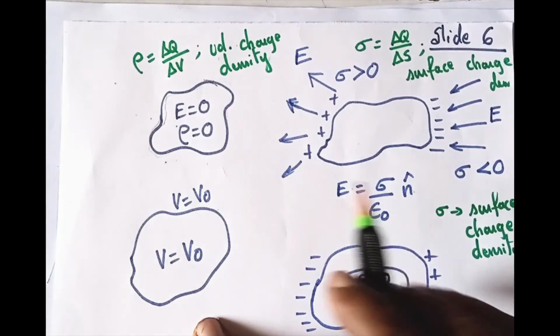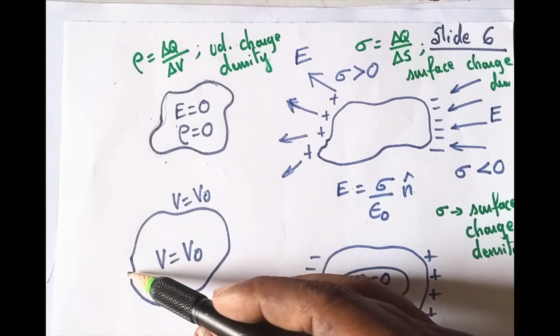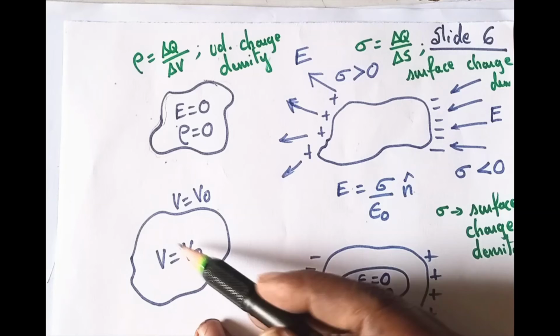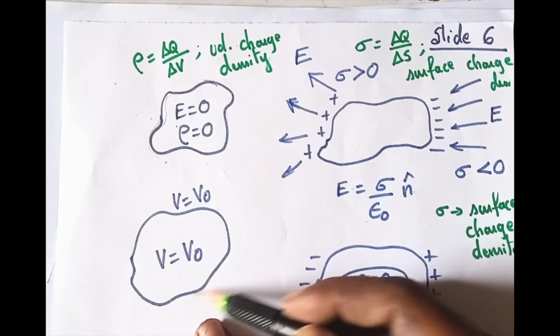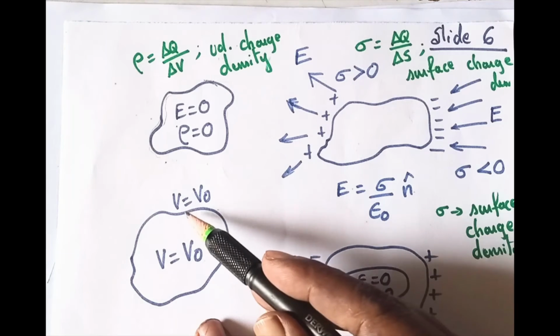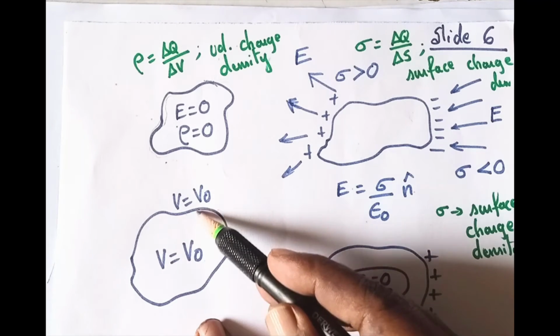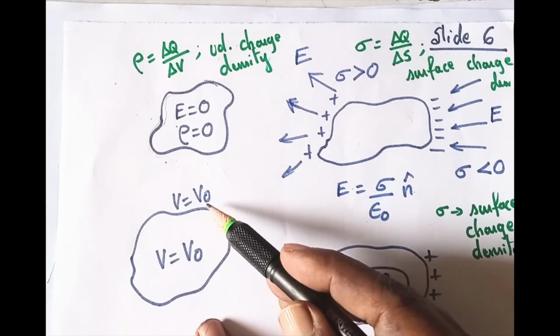Now the second point is, for the same irregular conductor, the electrostatic potential within the conductor is V0 and on the surface is also V0. So inside and on the surface of the conductor it is V0.